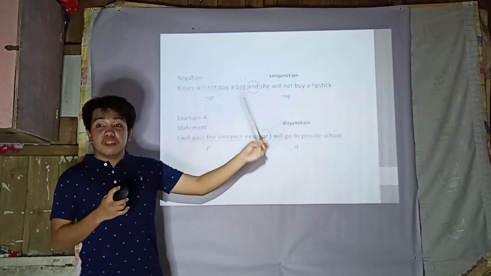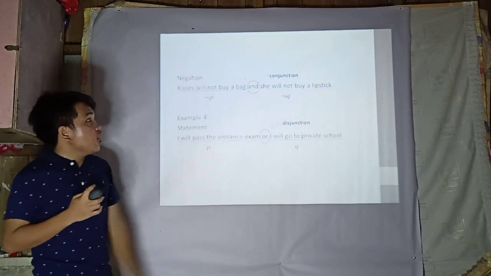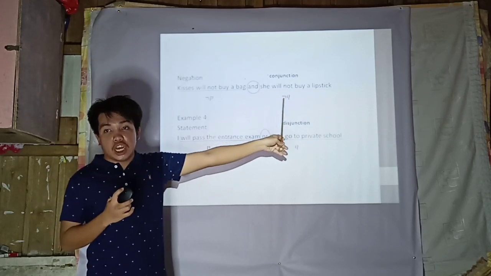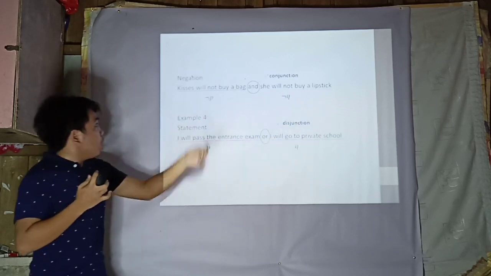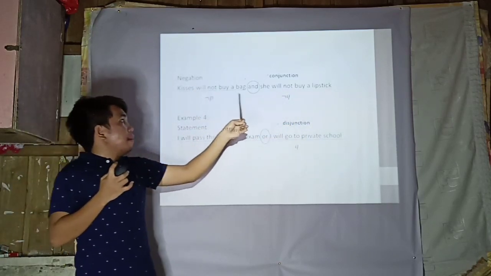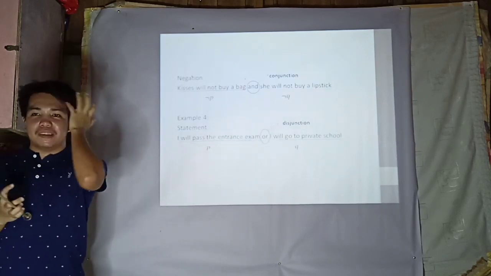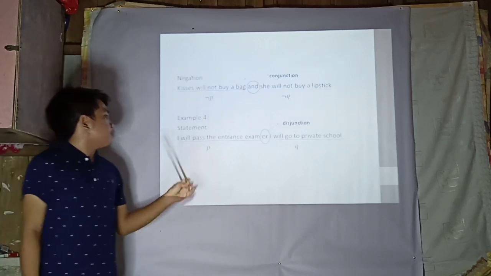So from our statement, it will become the and statement, and then she will not, so not, by negating the Q. So she will not buy a lipstick. So overall, kisses will not buy a bag and she will not buy a lipstick. Okay, let's proceed to example number 4.